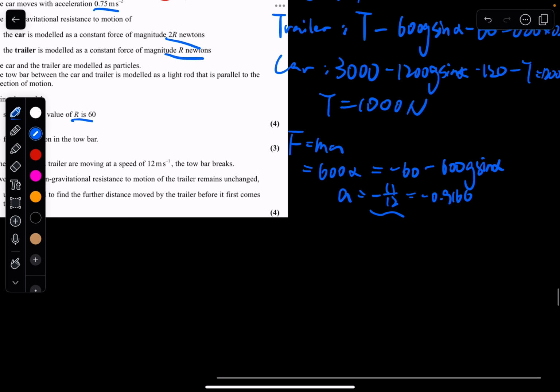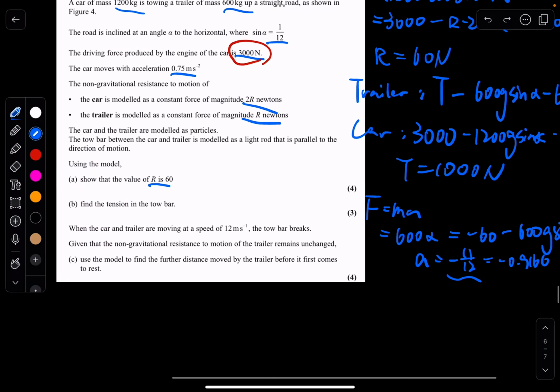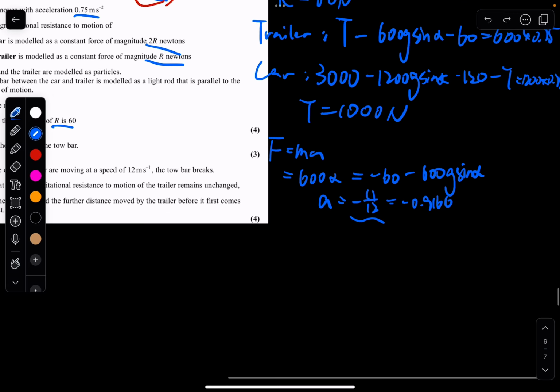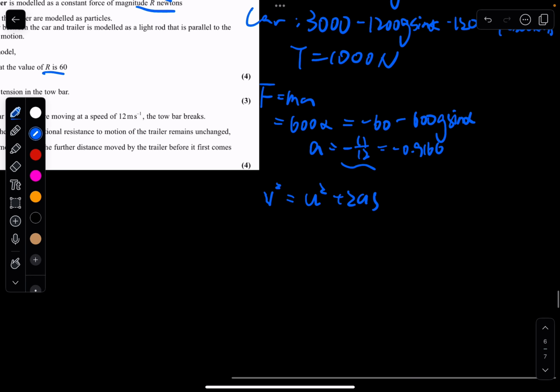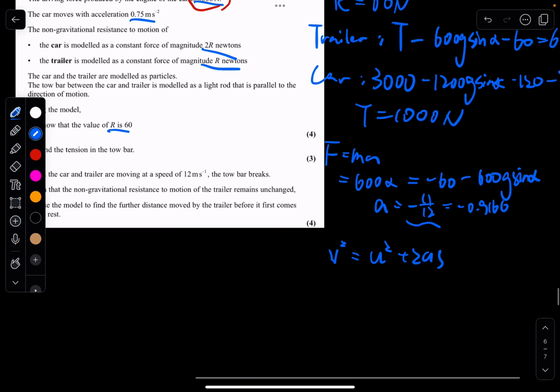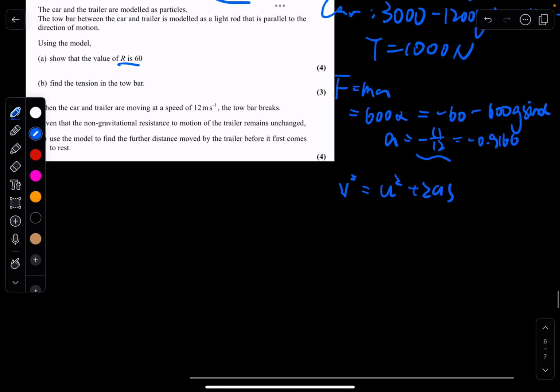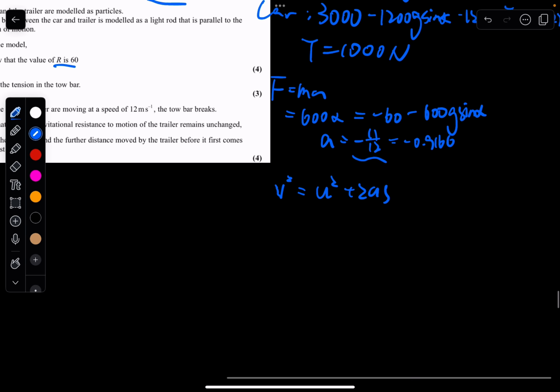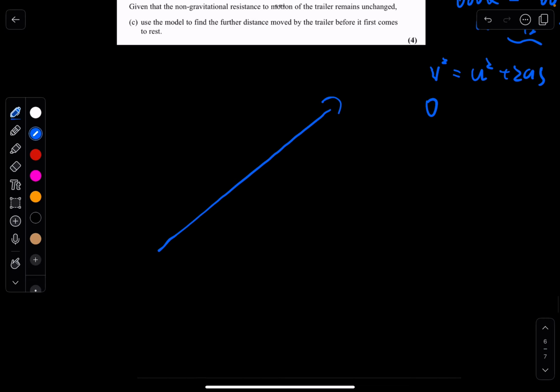And then in the SUVAT equation, we have what? The distance equals. Wait, no, which one should we use here? We should use v squared equals u squared plus 2as. I think it's like this. So we know that v squared must be 0, right? Because we're trying to find the furthest distance moved by the trailer. So imagine it like this.